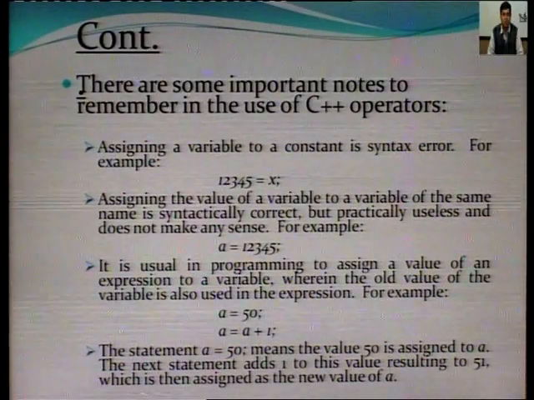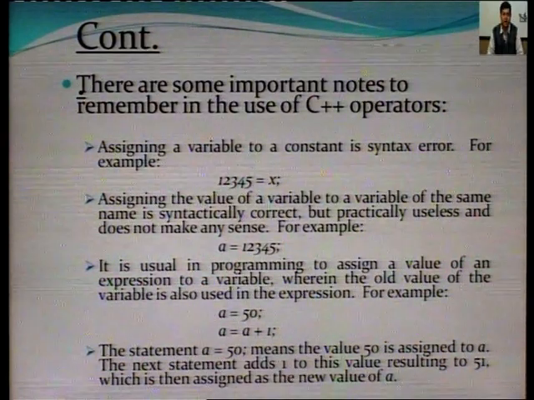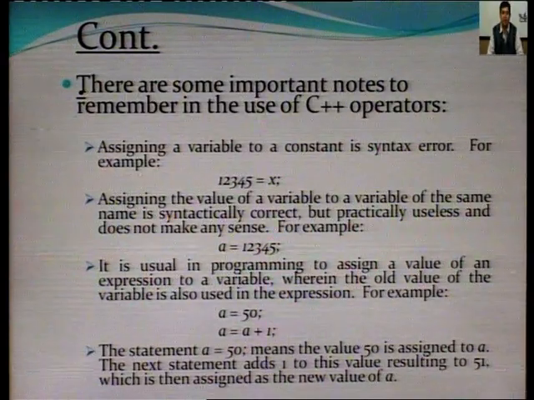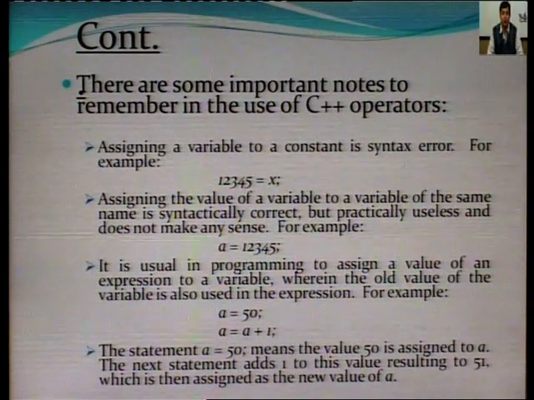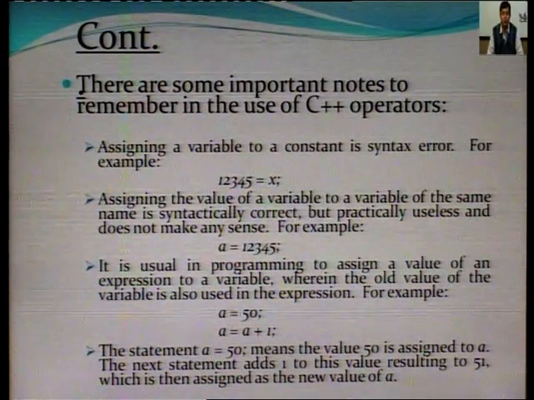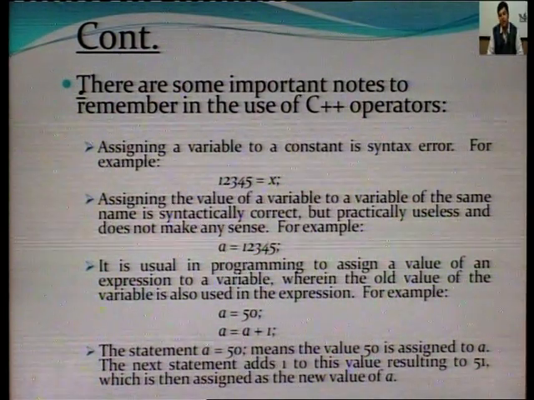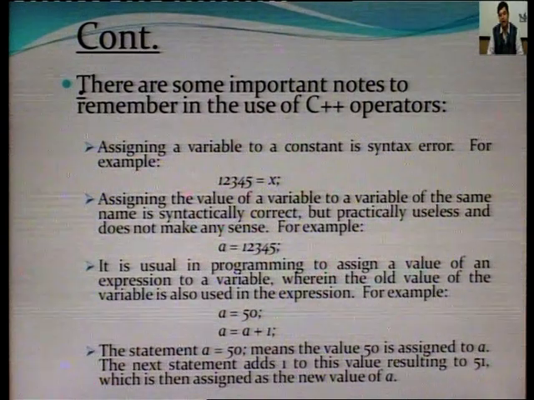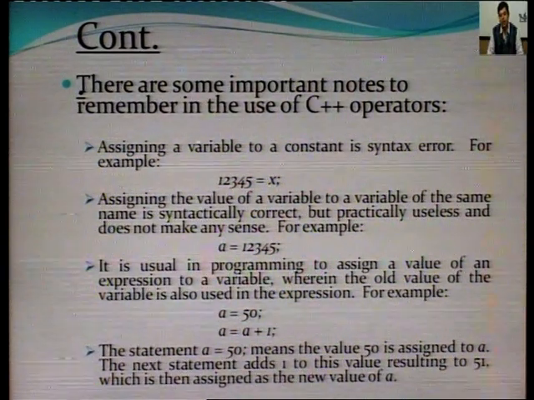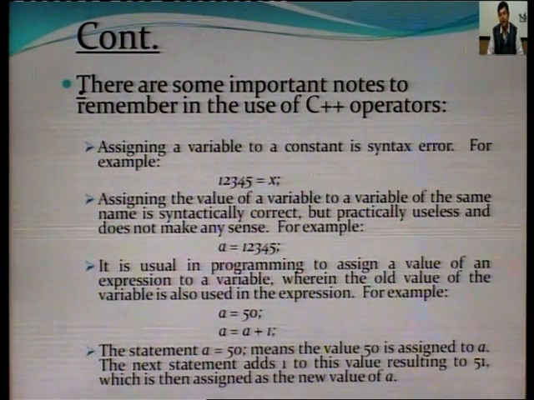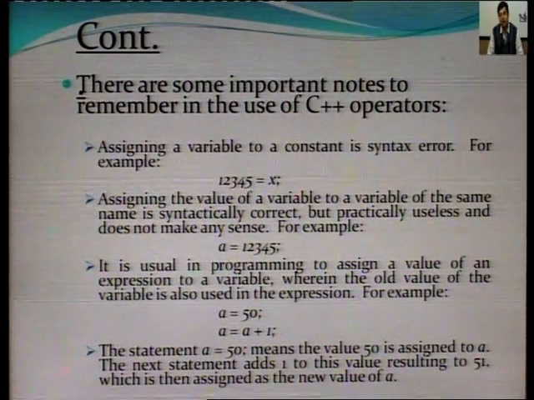It is usual in programming to assign the value of an expression to a variable, wherein the old value of the variable is also used in the expression. For example, if you see, we have assigned 50 to variable a, and then we are incrementing the value of a by 1 and assigning it to a.